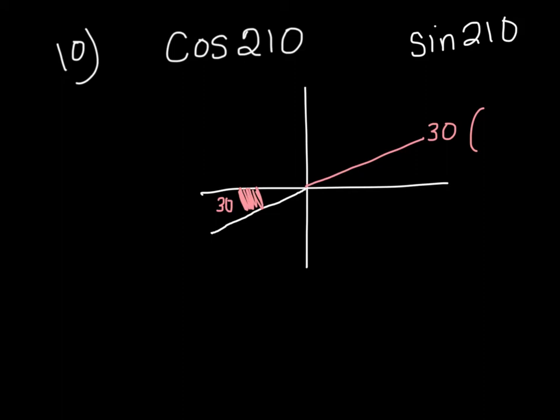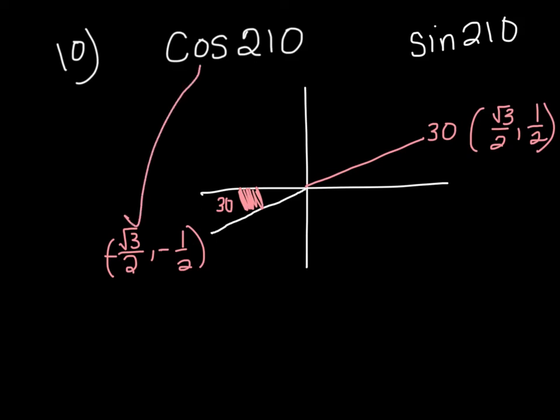And when we think about 30, it's square root of 3 over 2, comma 1/2. So down in that third quadrant, everything is negative. If this question was looking for cosine, then our answer would be negative square root 3 over 2. If this question was looking for sine, then the answer would be negative 1/2.